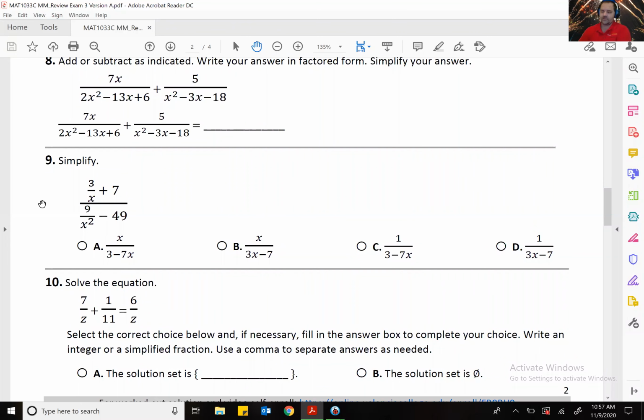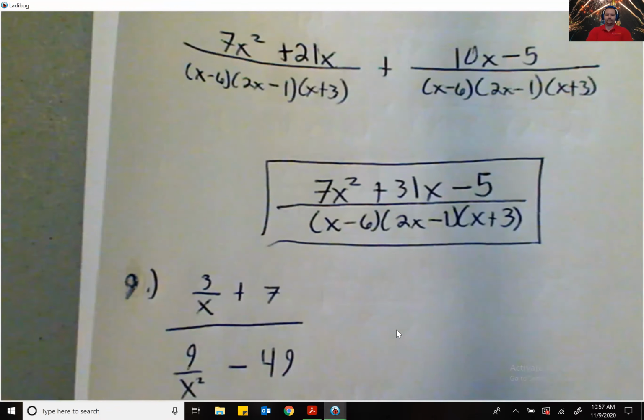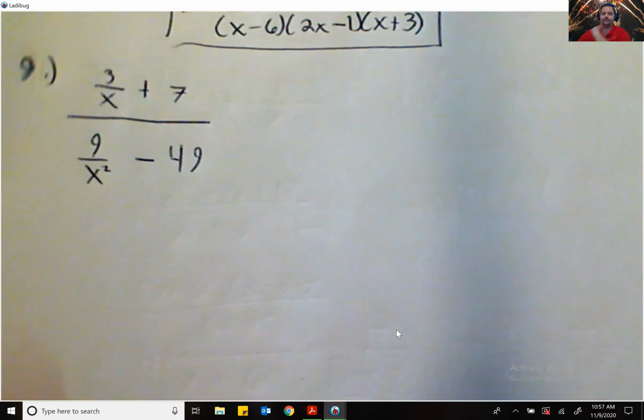So how do we simplify complex fractions? What are we going to do here?